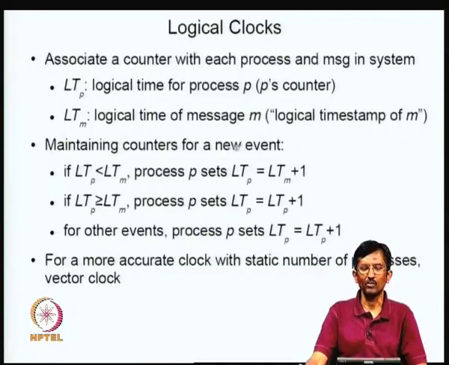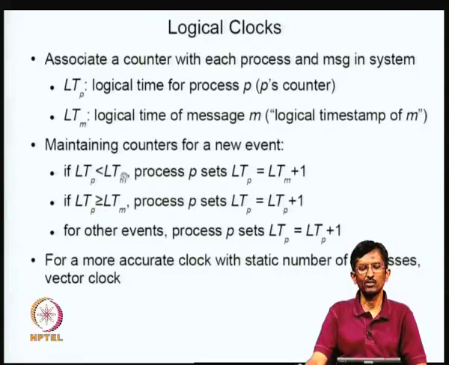Suppose there is a new event. What can be the new event? It could be because the process P got a message, or it is doing something else. Suppose it got a message, then what you do is you look at the message and see its logical timestamp.